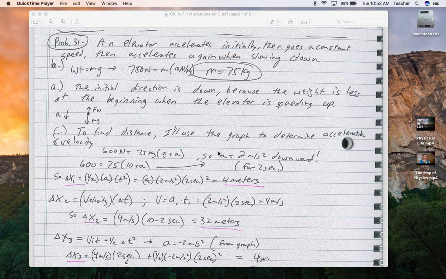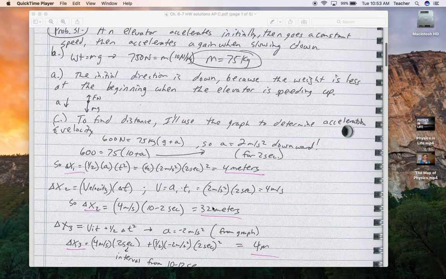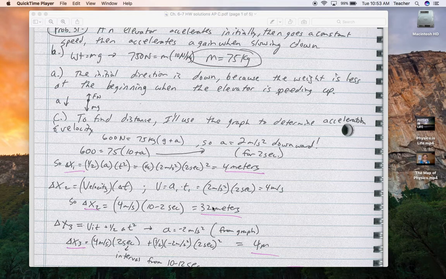Initially, using the formula F equals m(g plus a), the 600 newtons meant that the acceleration was 2 meters per second squared downward. Figuring out how far the elevator travels during those first 2 seconds gives 4 meters. Then I can use a times t to figure out how fast the elevator is going at the end of those 2 seconds, and that was 4 meters per second.